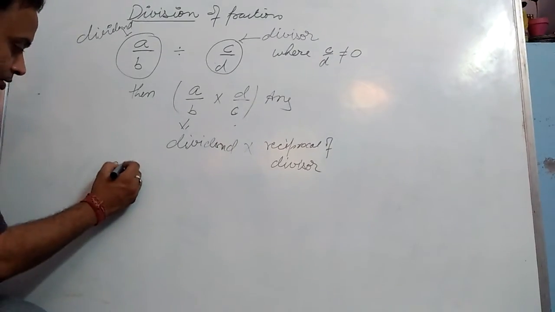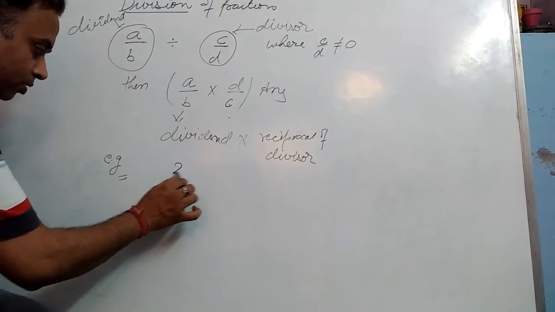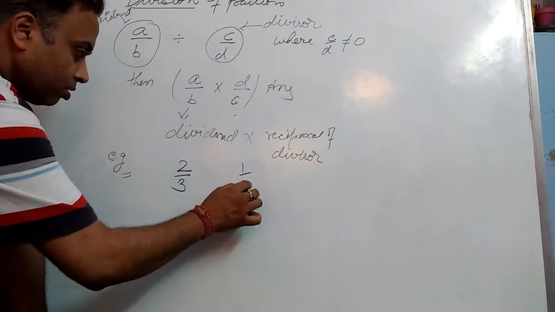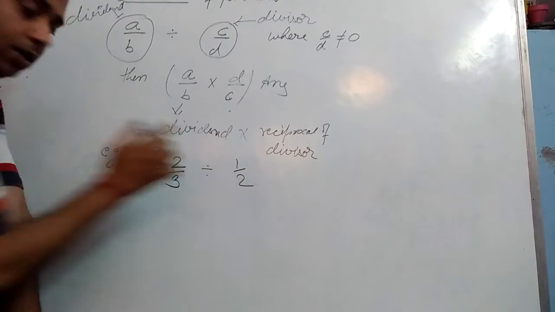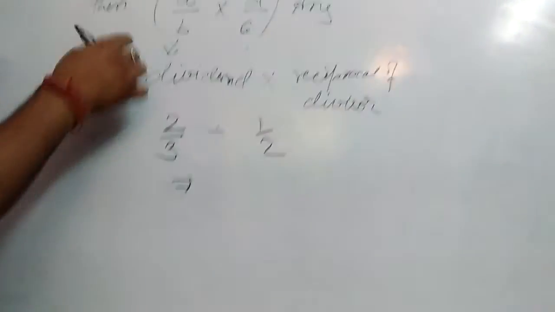Example of division. Here I consider my first fraction is 2 by 3 and second fraction is 1 by 2. First fraction 2 by 3 is divided by 1 by 2. So I apply my definition.